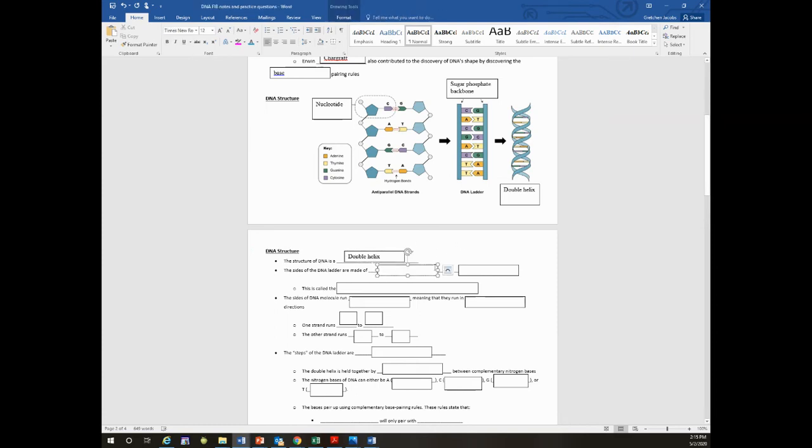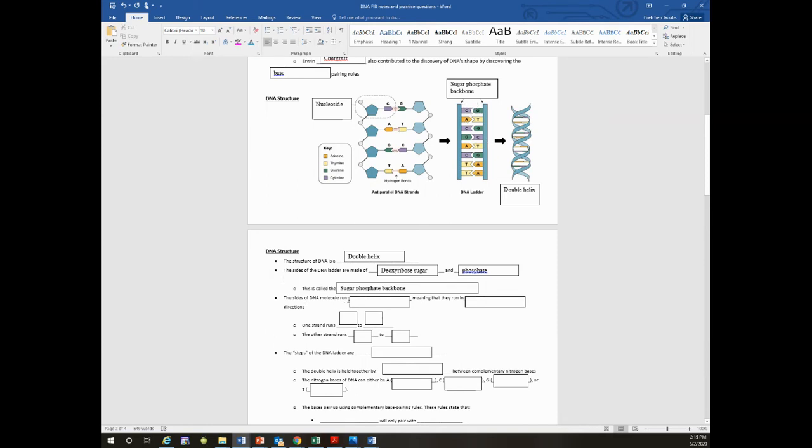The sides are made of sugar and phosphate, and in DNA, it's a deoxyribose sugar and phosphate. We call this the sugar phosphate backbone. Not super original there, because it's made of sugar and phosphate, so we call it the sugar phosphate backbone.